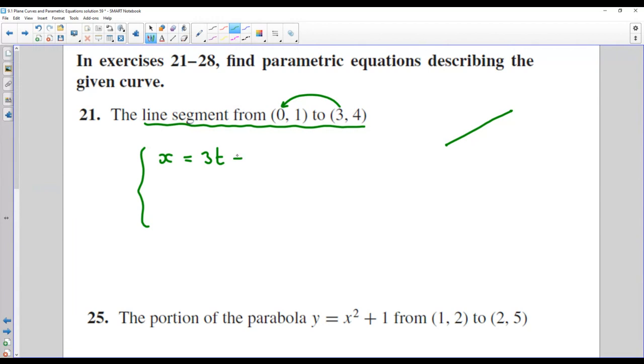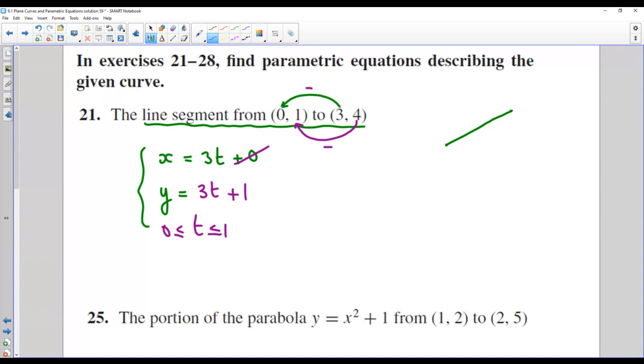Thank you, Shama, plus 0. So let's write it like this for the moment. And the y will be 4 minus 1, so that will again be a 3t, but this time plus 1, very good. And t goes from 0 to 1, that's it. Now, of course, we can cancel the plus 0, so we get our parametric equations without any problem.